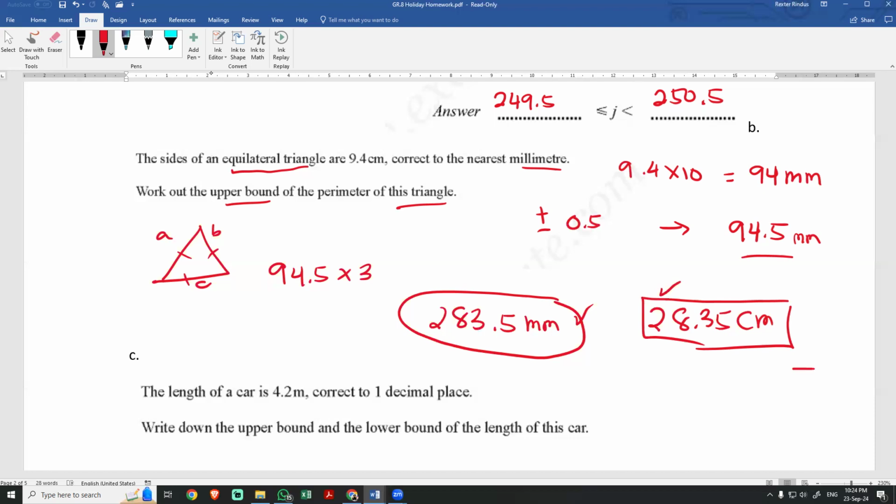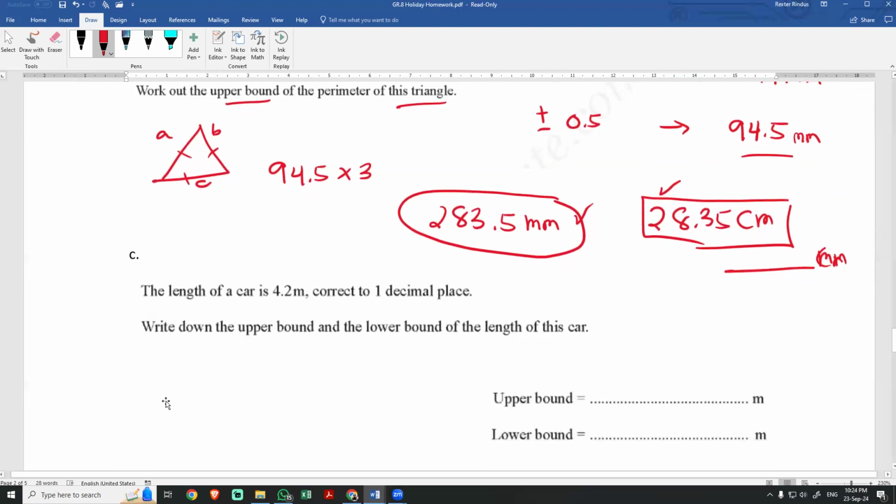There should be something that says millimeter or centimeter, but it's not showing. So your answer can be 283.5 millimeter, or it can be converted into 28.35 centimeter. That's the answer to that particular question.